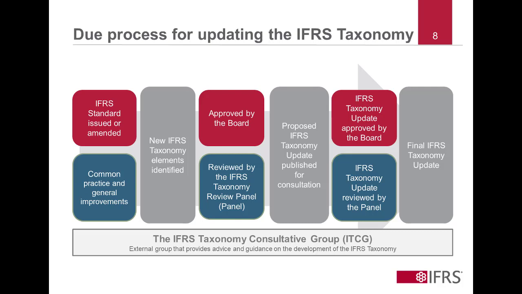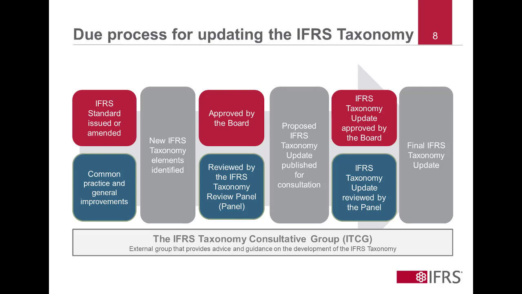For taxonomy content arising from new or amended IFRS standards, the board approves the content changes. For common practice and general improvement projects, the content changes are reviewed by the IFRS Taxonomy Review Panel. This review panel consists of 3 to 5 board members. Any changes to the IFRS taxonomy, whether they arise from changes to the standards, common reporting practice, or identified general improvements, are subject to public consultation before they are finalised.